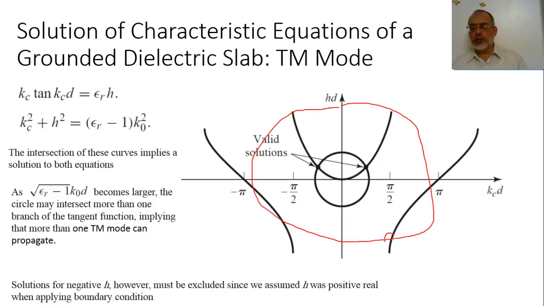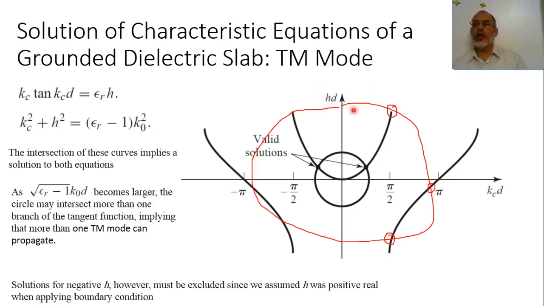What is the difference between this point, for example, which is a solution, and this point? At this point, we have h positive.